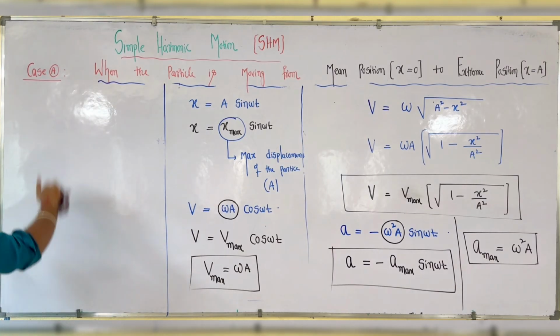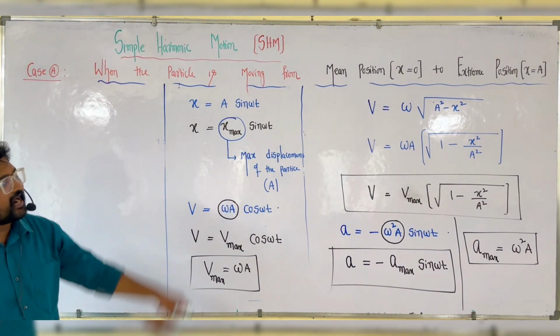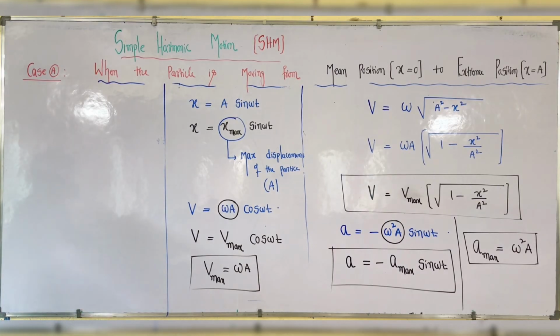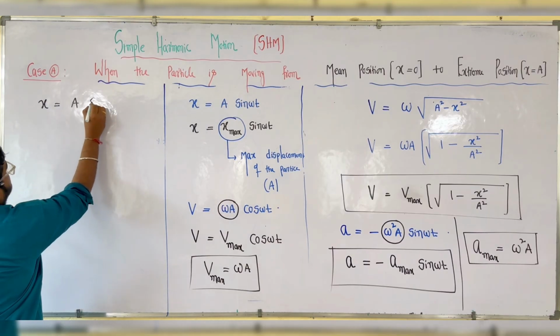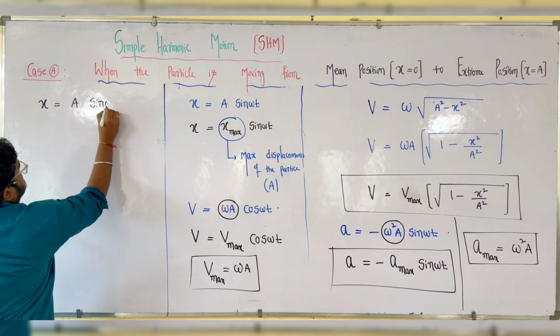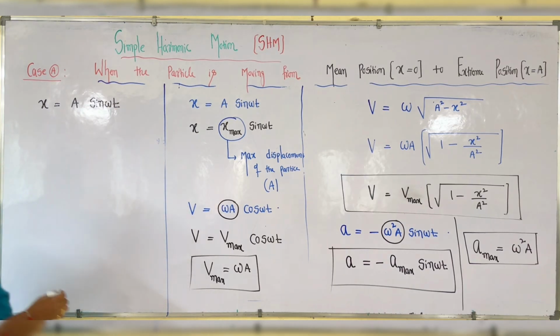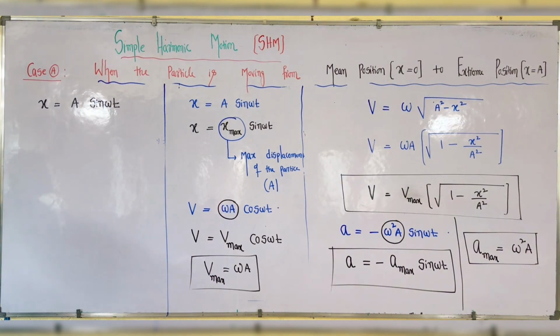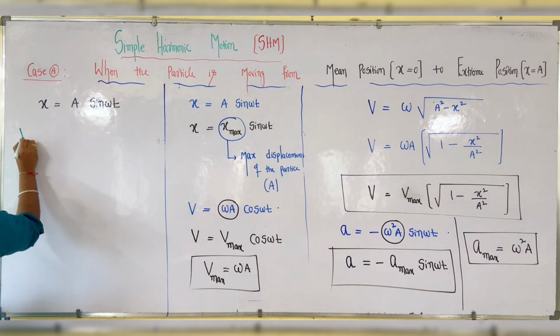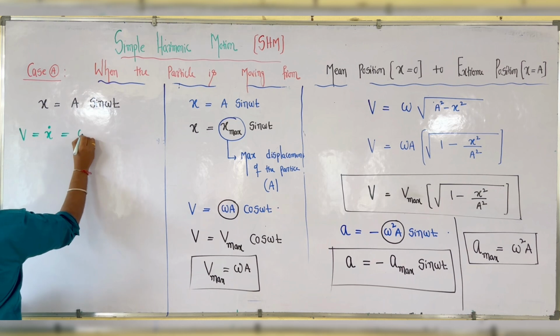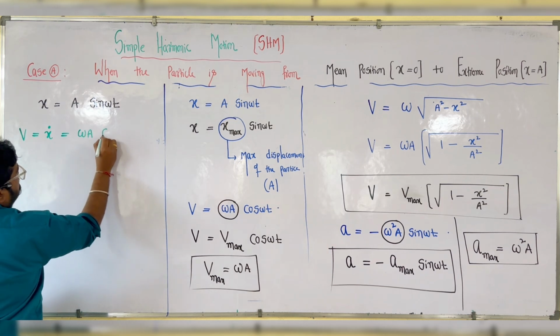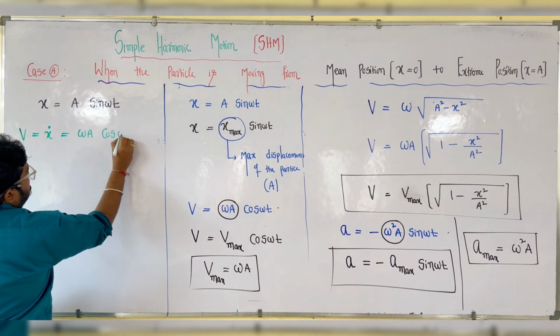The entire discussion is related to what? The particle starts from the mean position, x equals a sin omega t. Clear? So what is the velocity of the particle? X dot equals omega a cos omega t.